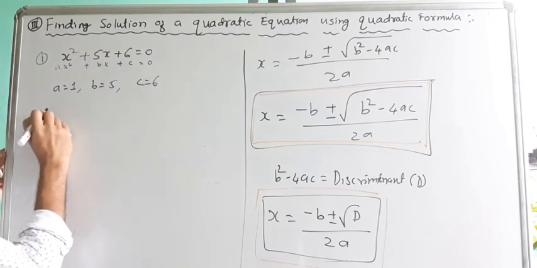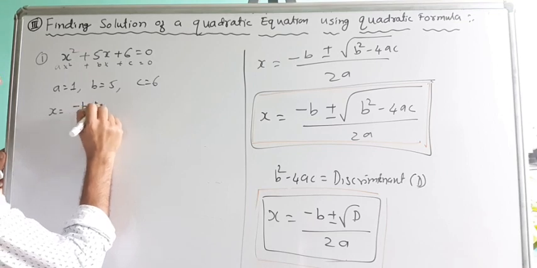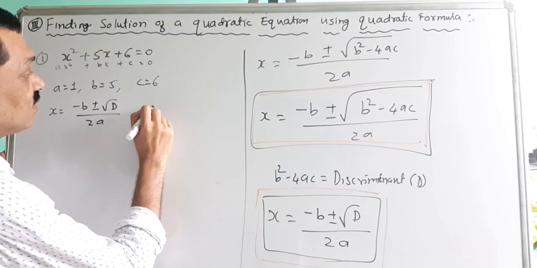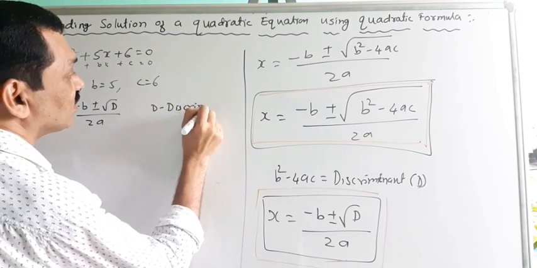So the formula is x is equal to minus b plus or minus root of D upon 2a, where D is the discriminant.